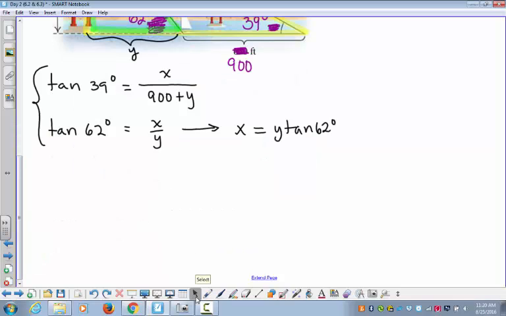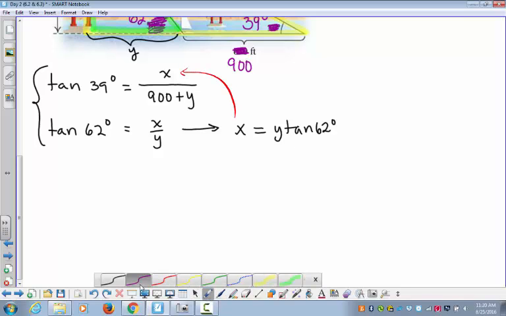And now let's plug that into the top equation. We're going to plug that in right there, and that's going to give us this equation. You could clear this fraction first, which typically is a good strategy. This time I won't clear it until the next step.